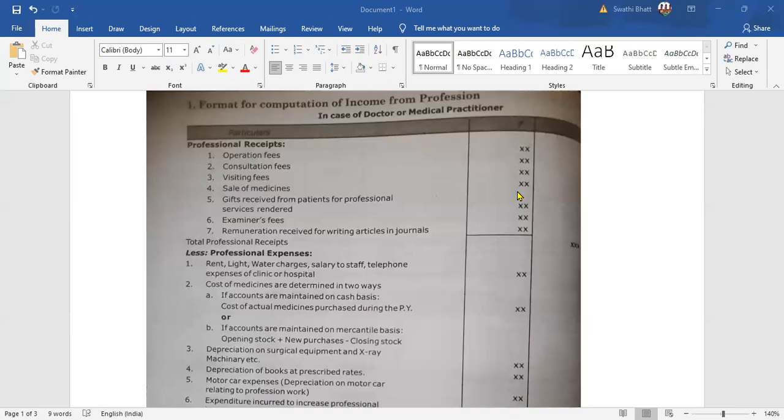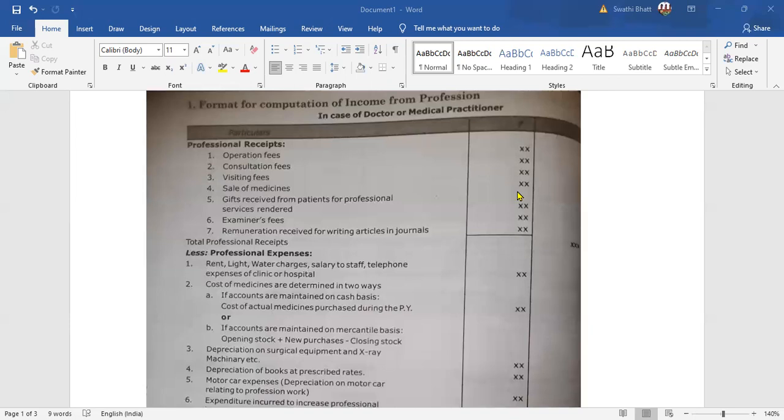Until and unless they specify in the question how the books are maintained, we always assume that the books are maintained on cash basis. If it is maintained on mercantile basis, then they would mention in the question that it's maintained on mercantile basis. Otherwise, we will assume that it is maintained on cash basis itself.